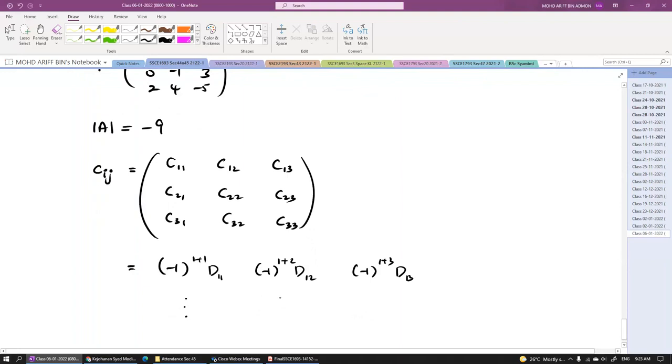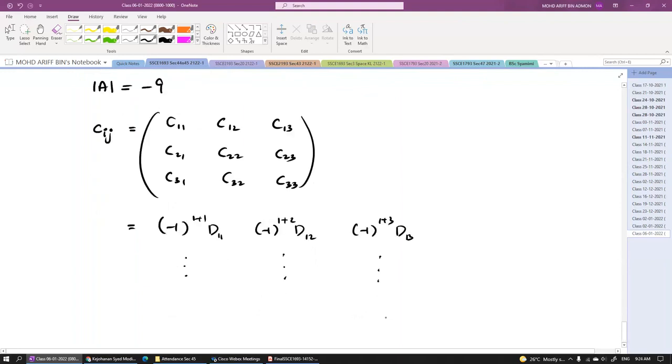Same goes for the others. I'm not writing the whole formula, so you may write it yourself.